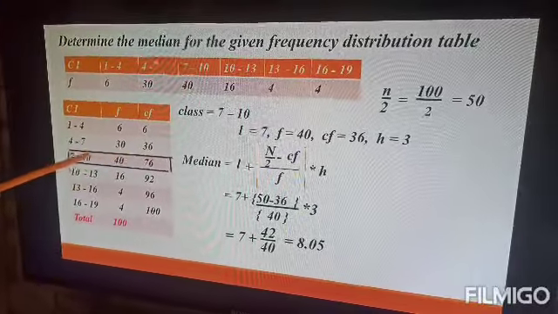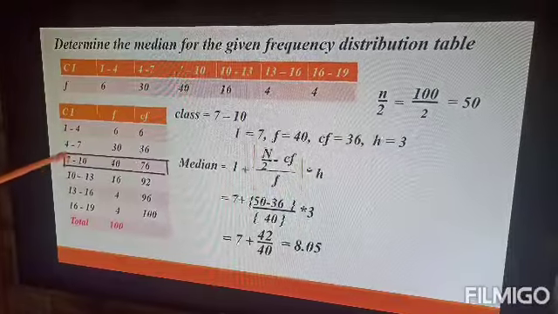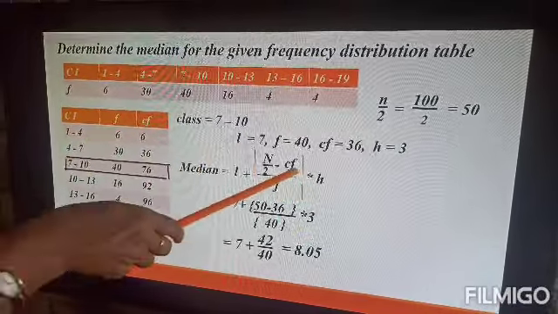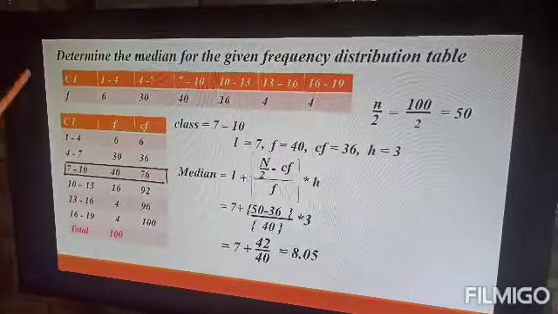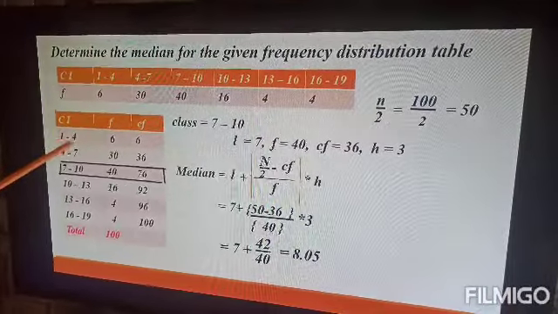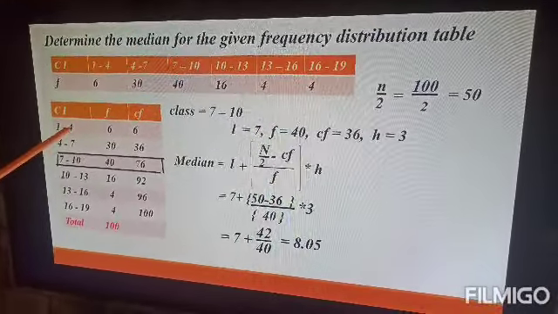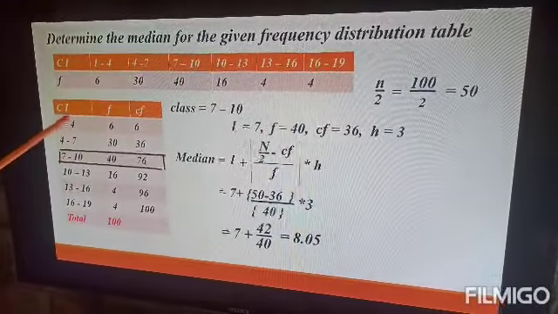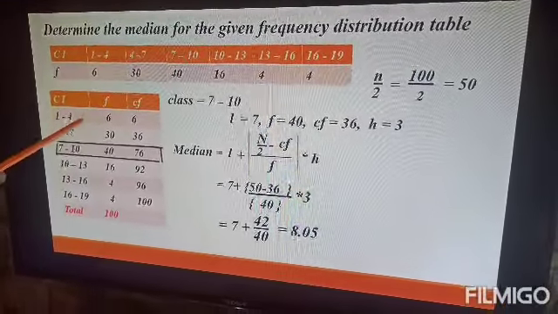From this median class, lower limit is 7. Then we want H, the size of a class interval. That is the difference between 1 to 4, or 4 to 7, which is 3. 4 minus 1 is 3.